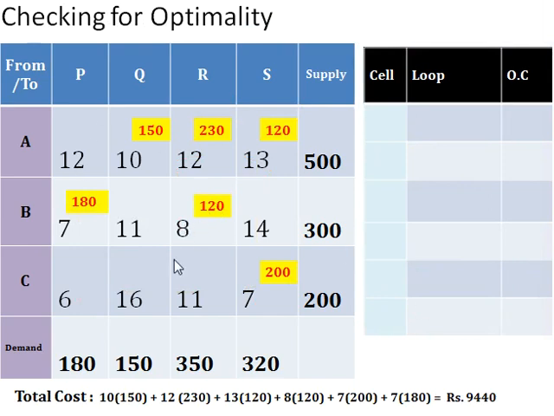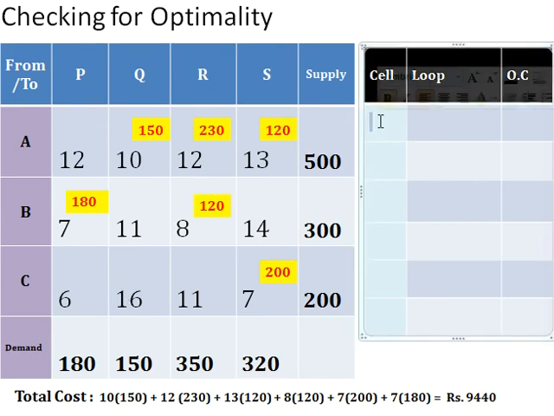So now as you can see in this revised table, we have modified the allocation and we have new unoccupied cells available. So for this all unoccupied cell, again we are writing all unoccupied cells and tracing the loop for the same.